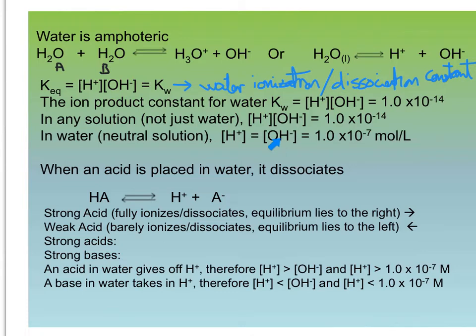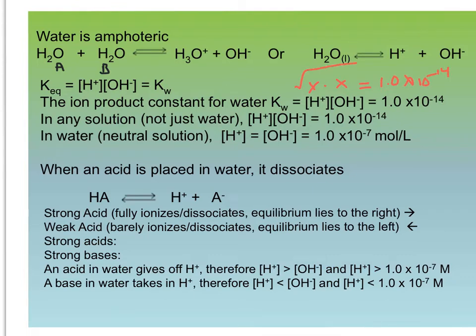So if we're saying that Kw is equal to the H+ times the OH- concentration, and that is equal to 1.0 times 10 to the negative 14, we can solve for what these are. If we say that the H+ concentration is X, the OH- concentration would also be X, because they're equal to each other, and X times X is equal to Kw, which is 1.0 times 10 to the negative 14.